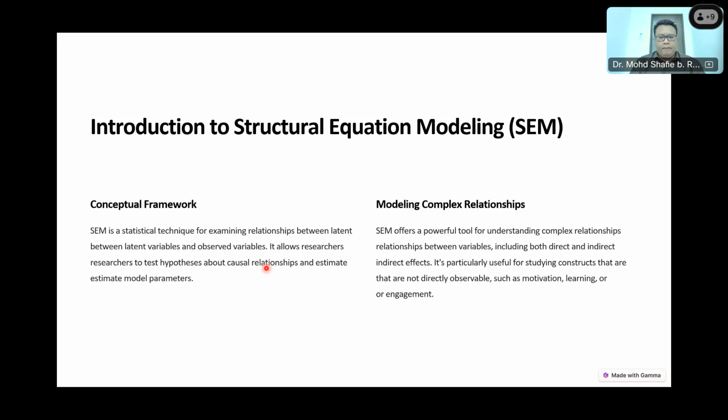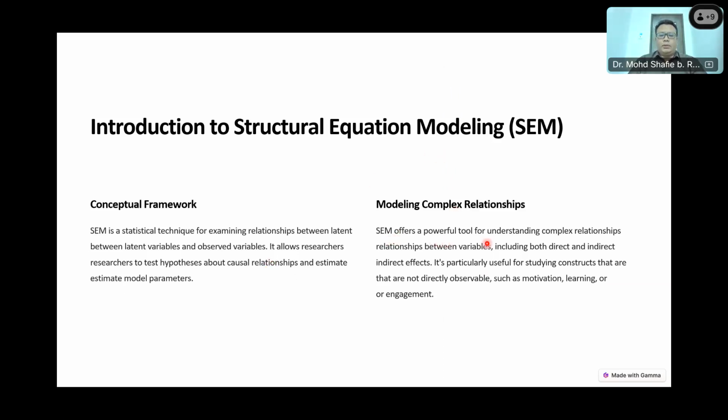Maybe we have a price variable, so you're going to understand which variables impact the intention to buy a product, and you can also understand which factor gives the highest impact towards this kind of behavior. It's not limited to behavior. If you have any suitable latent or observed variable, you can use SEM to understand it.